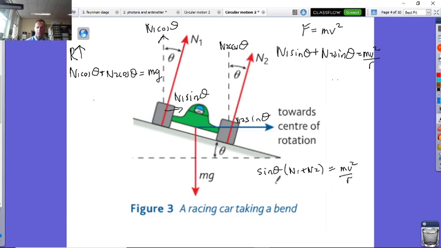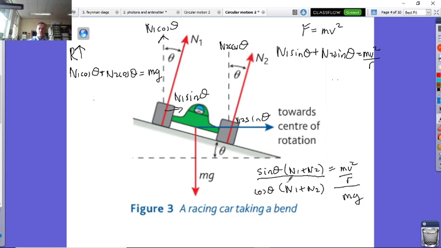But I'm going to divide it by this equation over here, which is going to be cos theta times N1 plus N2, and that equals mg.